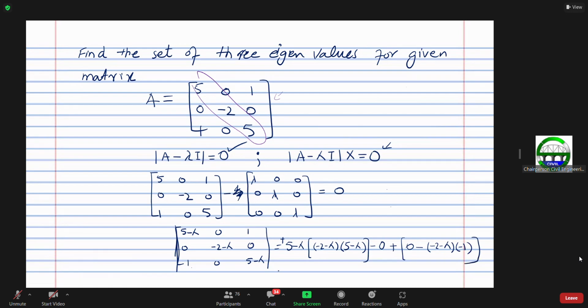So if we further try to solve this equation, it will be equal to (5 minus lambda)(minus 2 minus lambda)(5 minus lambda) plus 1 times (2 plus lambda) equals 0.